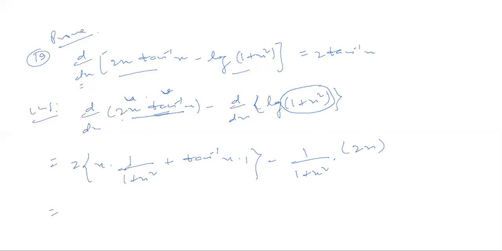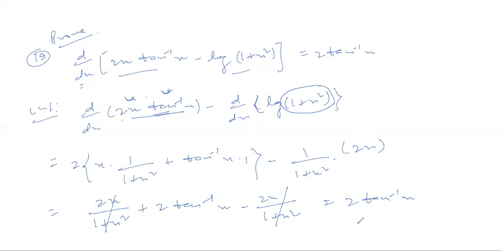So we got this much, multiply 2 inside, so it will be 2x upon 1 plus x square plus 2 tan inverse x minus 2x upon 1 plus x square. So these two will be cancelled and it will be equal to 2 tan inverse x. So this is how we can prove this.